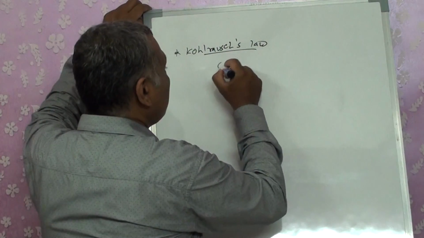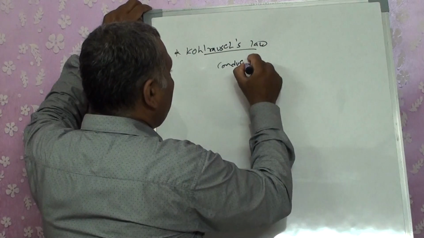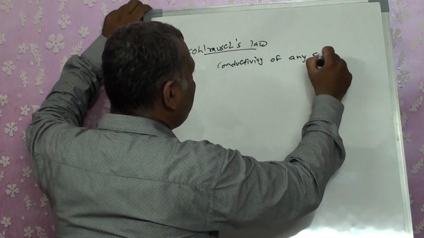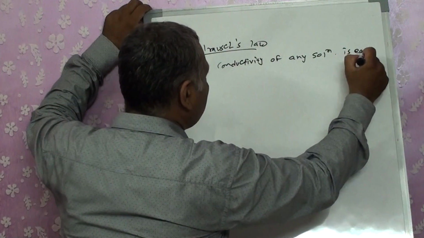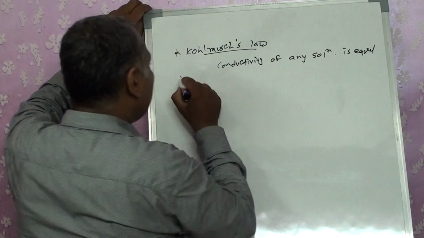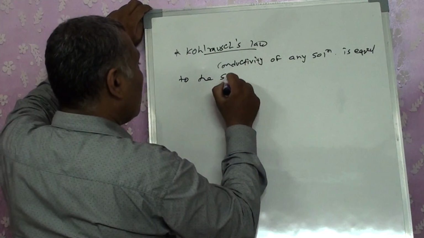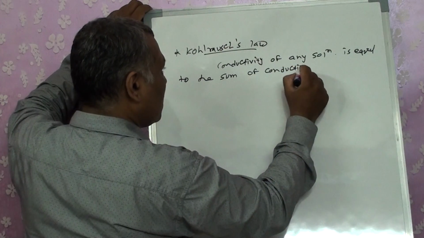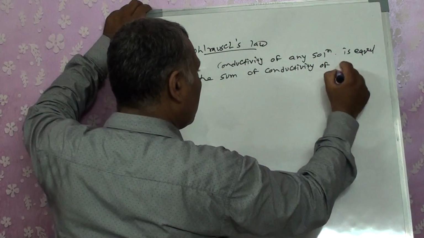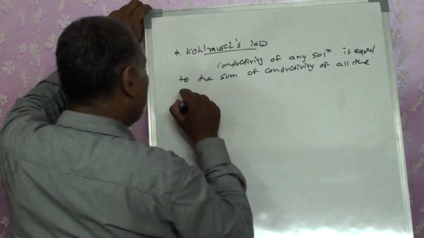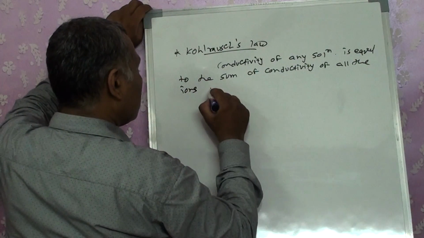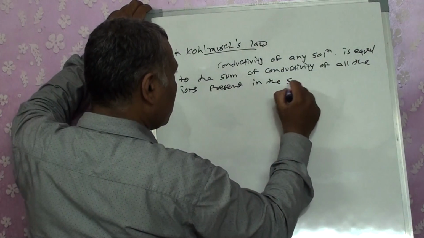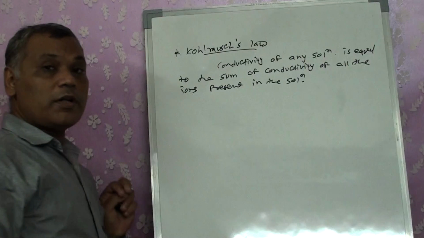The law says that the conductivity of any solution is equal to the sum of the conductivity of all the ions present in the solution. What does this mean?